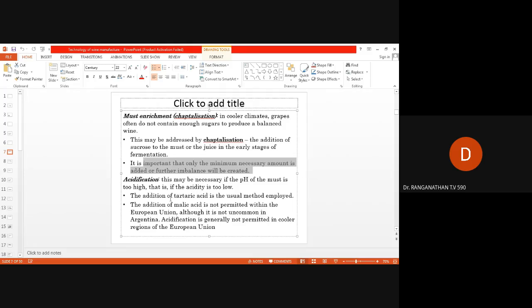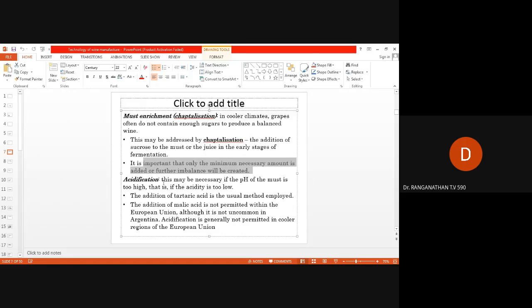The second thing is acidification. What is acidification? I think even in the last class, or in the case of bakery, I told you that as the pH decreases to less than 4, the putrescent bacteria or the contaminating bacteria do not grow. In fact, at any pH below 4.5, the growth of bacteria is lesser.